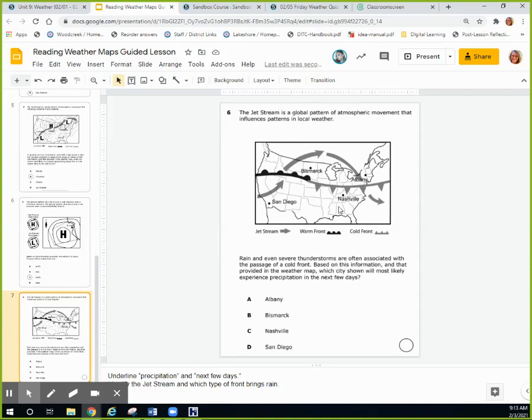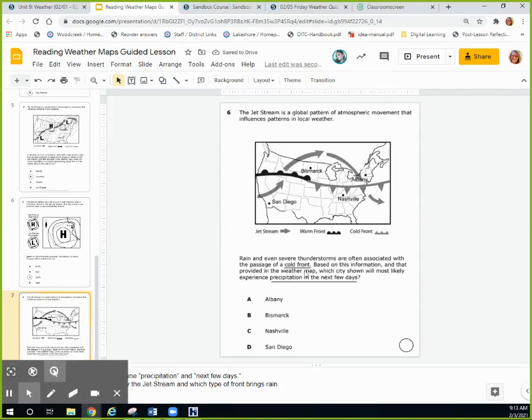So that cold front is going to be moving south. The question says rain and even severe thunderstorms are often associated with the passage of a cold front. Based on this information and that of the weather map, what city is most likely going to experience precipitation in the next few days? So let's go through and underline our keywords.